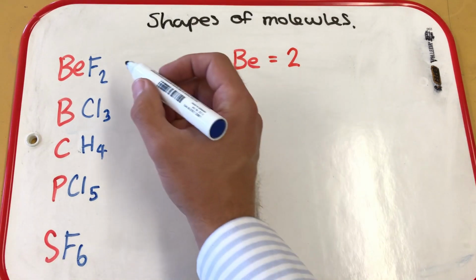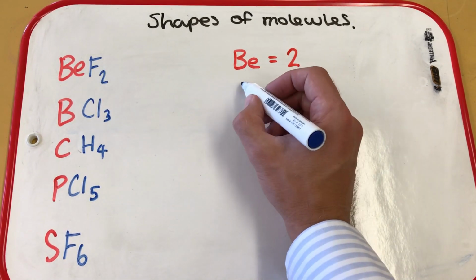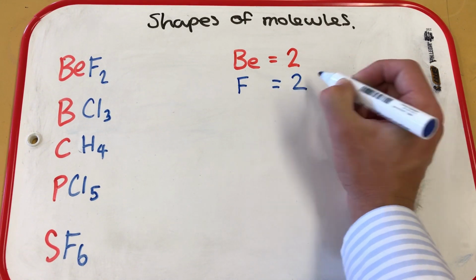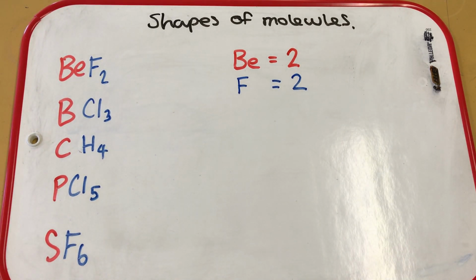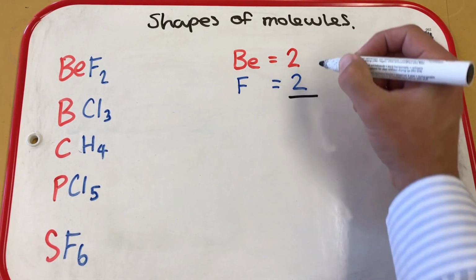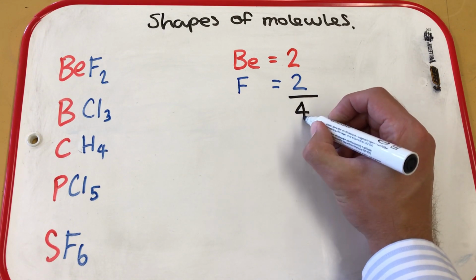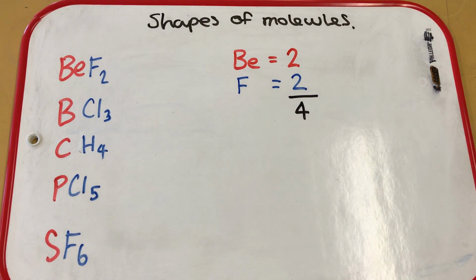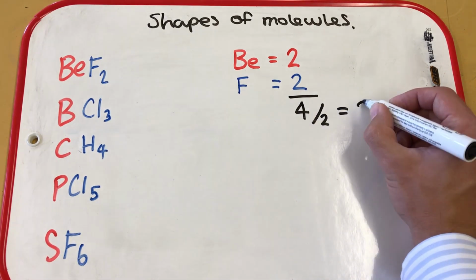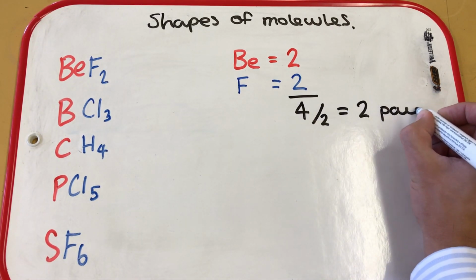The next thing you need to do is look back at your structure and you'll see that there are 2 fluorines bonded to that beryllium, so that's 2 more electrons available to bond. After that, you add those 2 numbers together to get the total number of electrons available for bonding, and divide that by 2 to turn it into pairs of electrons.